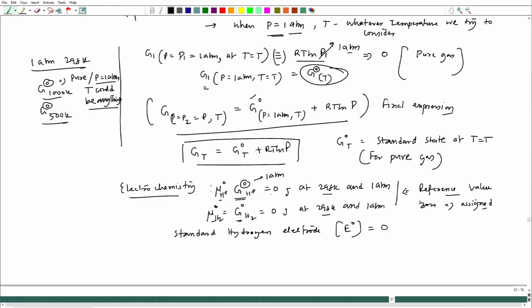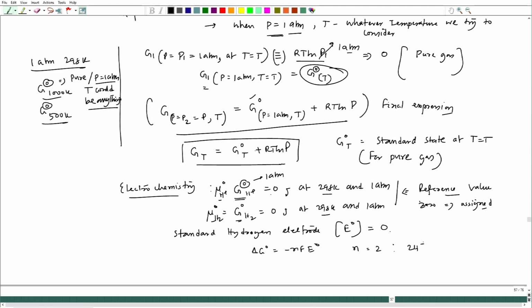So that is what the standard hydrogen electrode has, 0, and how do we calculate that? We calculate from this equation, and here n is 2. Why?